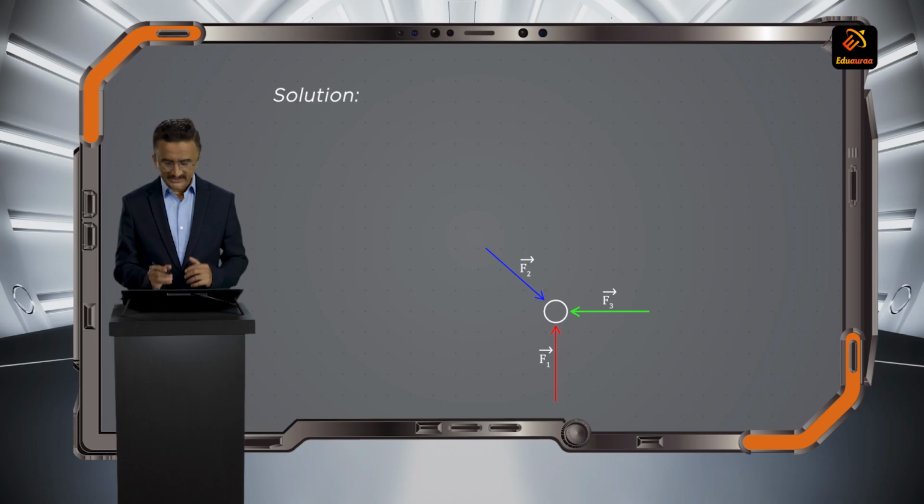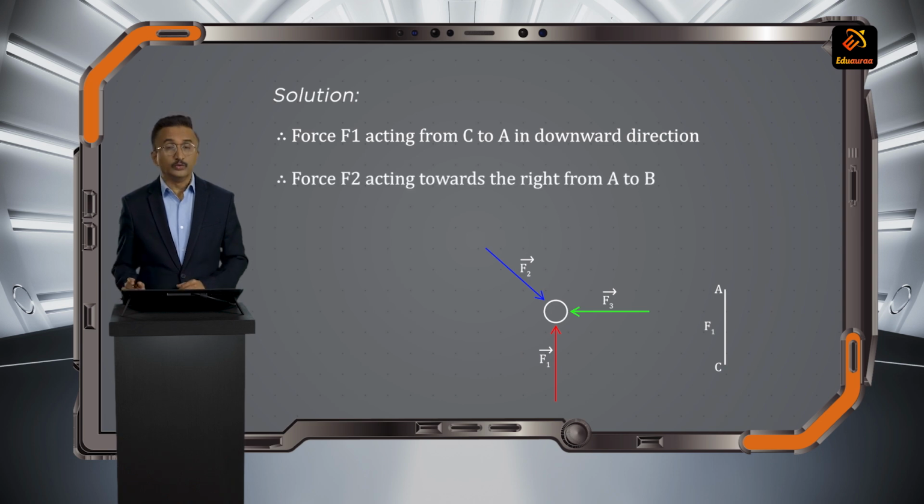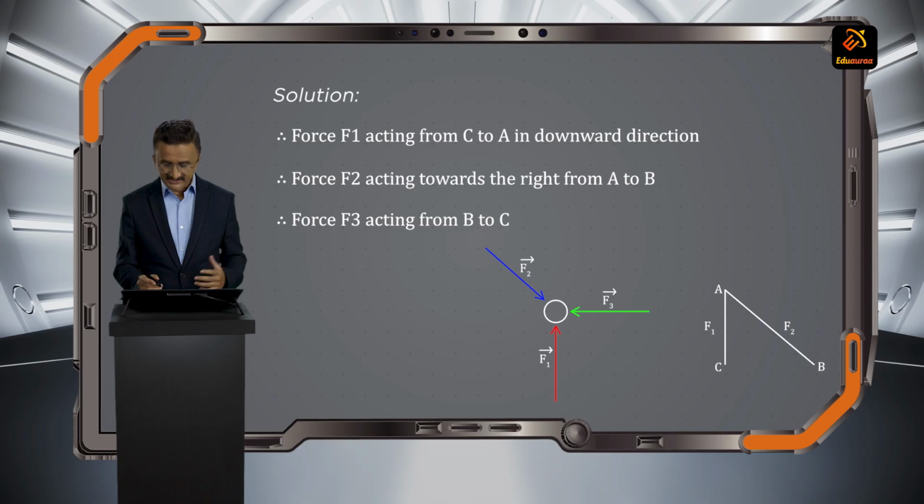So the first force F1, it is from C to A. Second force F2, it is from A to B. Then what is the resultant of this? According to the triangle law of vector addition, I have to draw the vector from starting point of the first to the end point of the second. Okay. So this is the resultant.